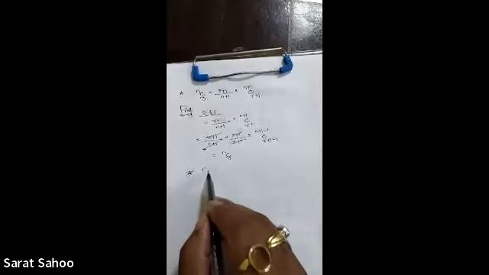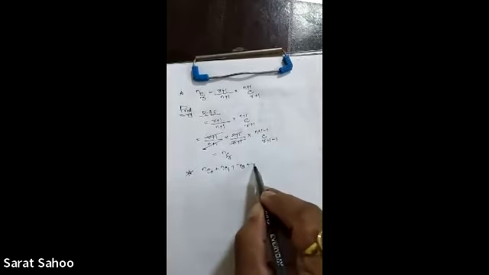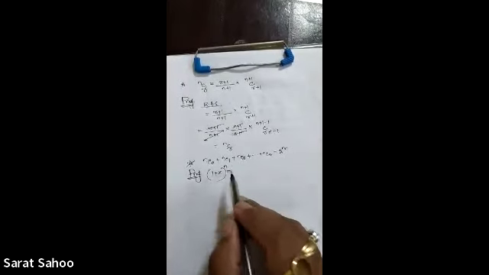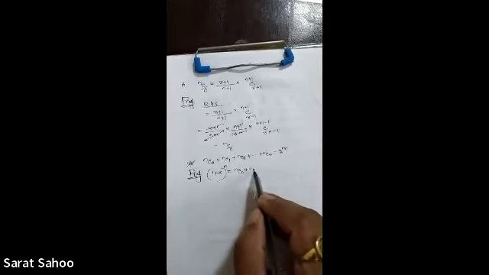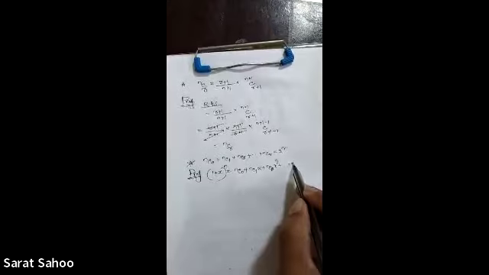Then the next one is nC0 plus nC1 plus nC2 plus up to nCn is equal to 2 raised to the power n. (1 plus x) whole to the power n is equal to nC0 plus nC1 x plus nC2 x square plus up to nCn x to the power n, taking x equal to 1.